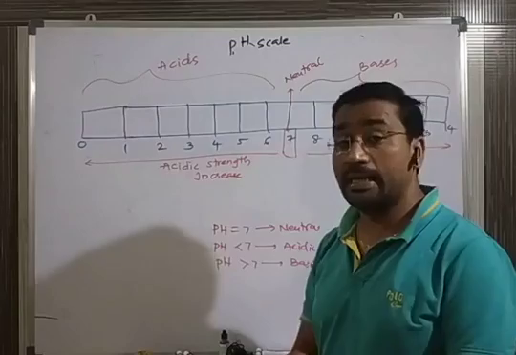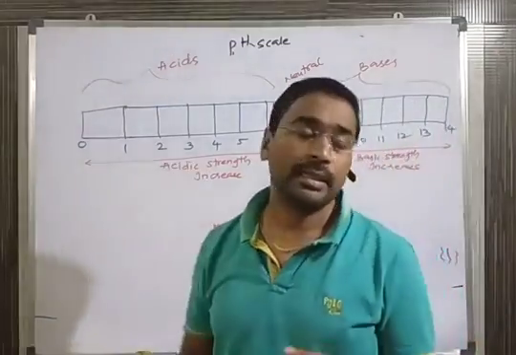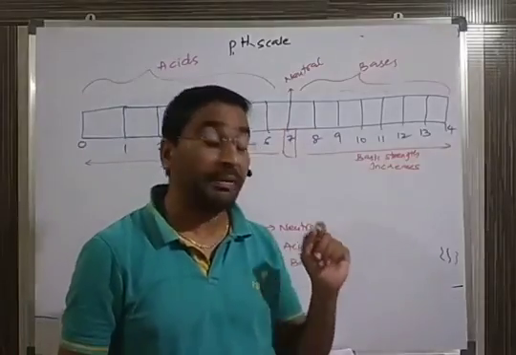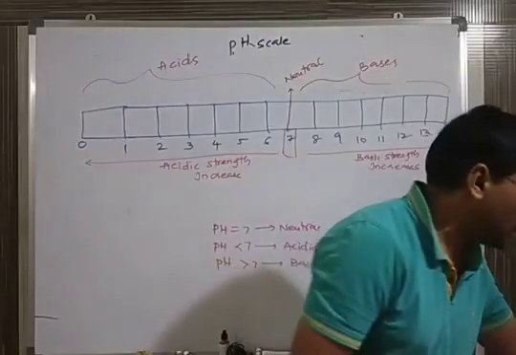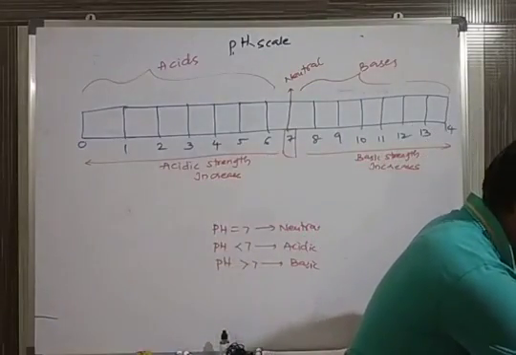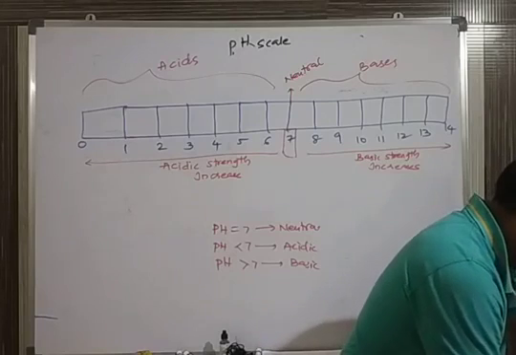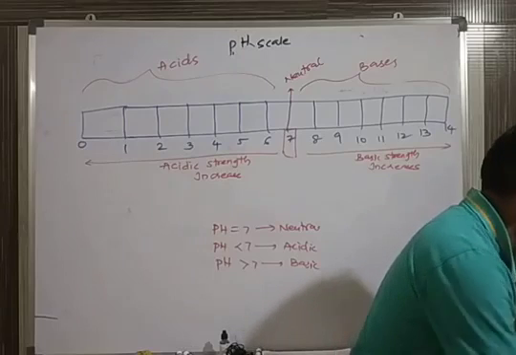And I was saying in the last class, how do we identify whether it is 0, 1, 2 or 3? We use pH paper. I said I will show the pH paper to you. Just a minute.